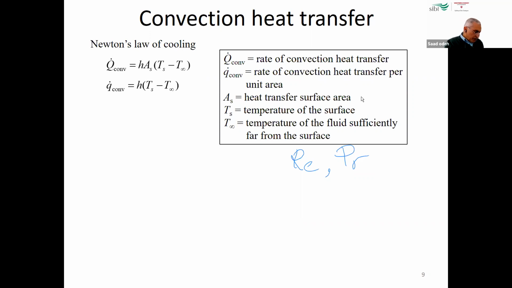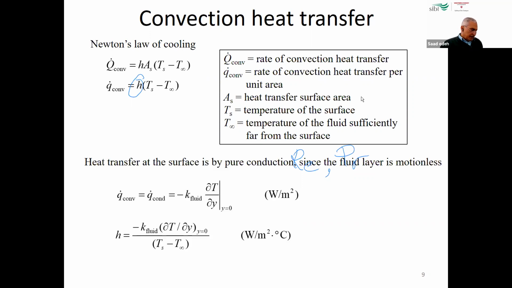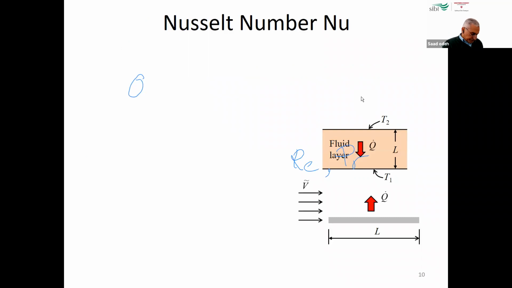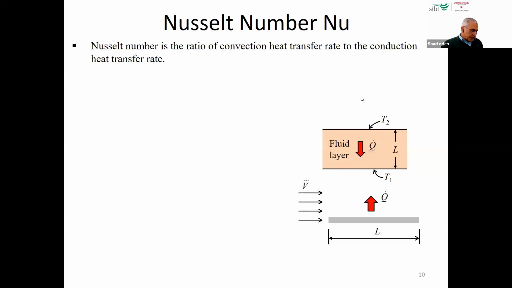Now there is one thing left to make us able to find h. That is what we call the Nusselt number. The Nusselt number is the ratio of convection heat transfer rate to the conduction heat transfer rate.